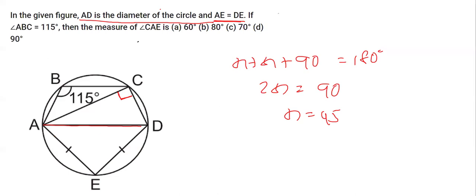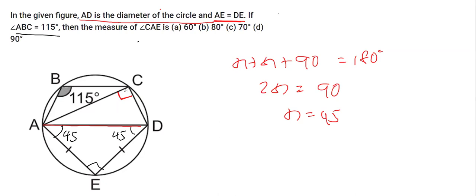So I should write this angle, this being 45 degrees. This is also 45 degrees. This we already calculated as 90. But we can see that the measure of an angle is given here, and this angle is given as 115 degrees.